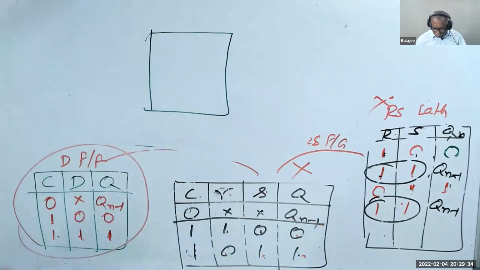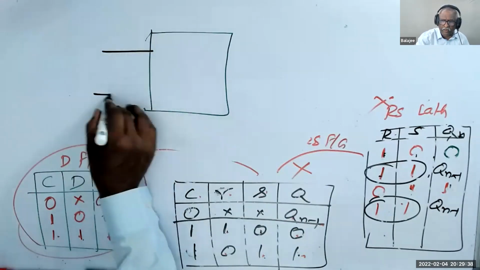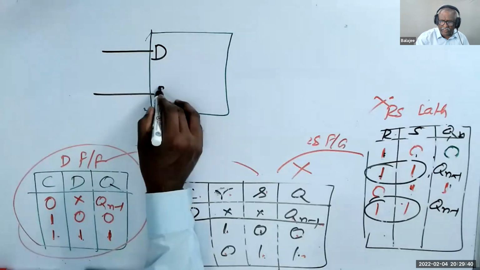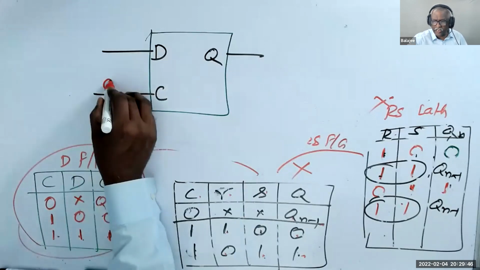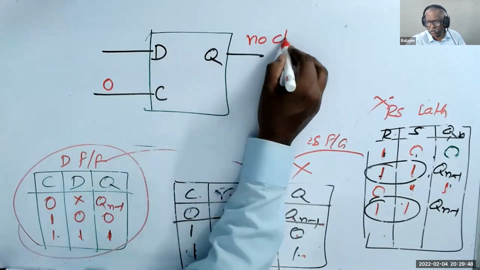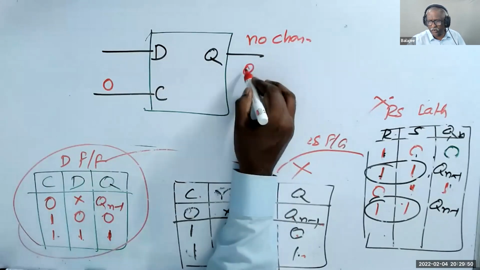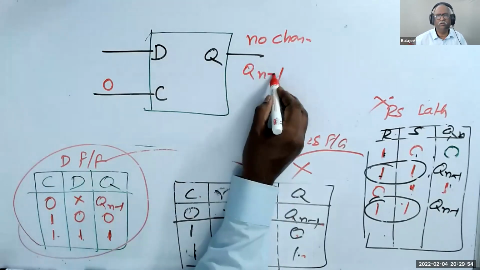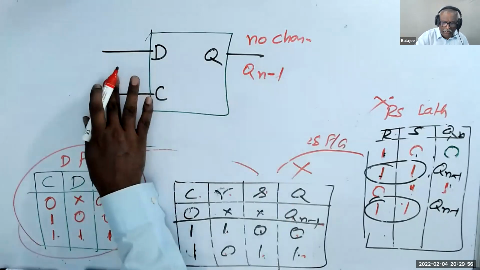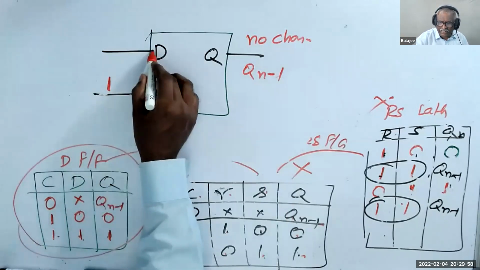You have 2 inputs, D and C, and Q. When C is 0, no change, Q n minus 1. When C is 1, this is connected directly.